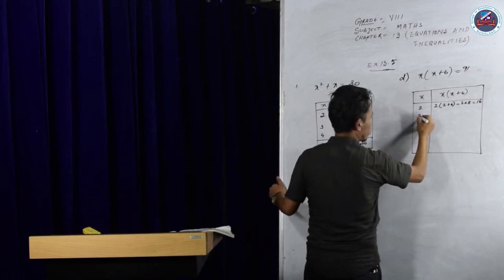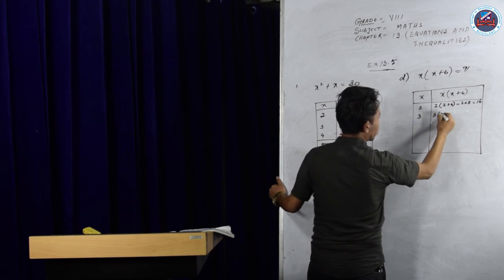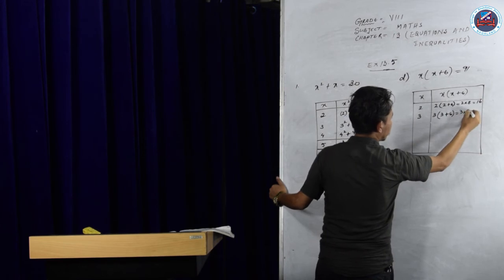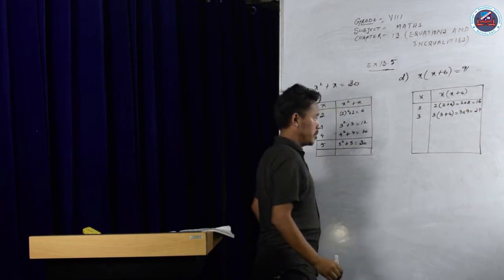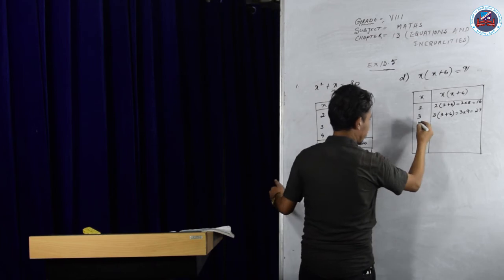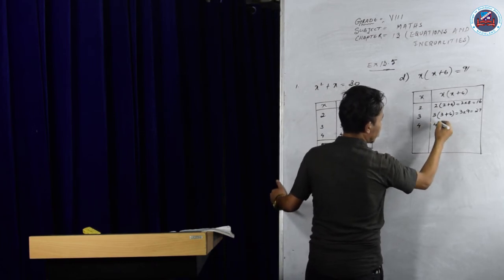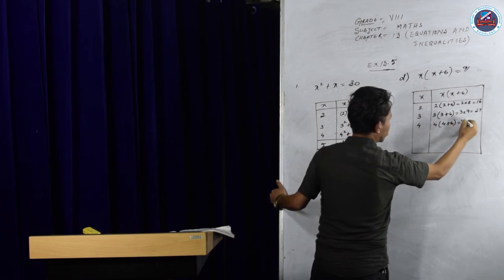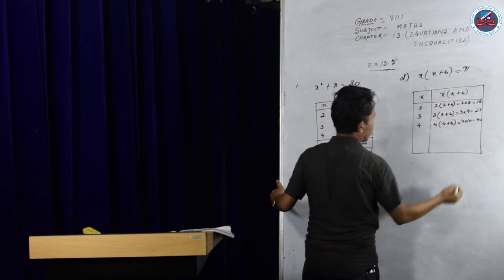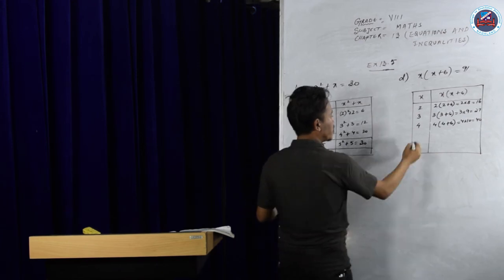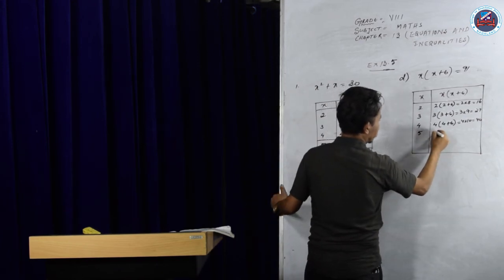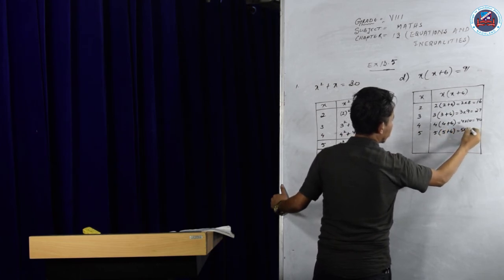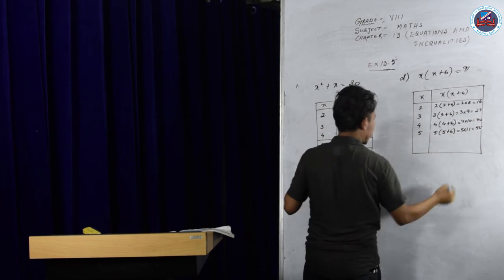When we use 3 plus 6, that is 3 into 9, that is 27. Let's go on again. 4 plus 6, I get 4 into 10, that is 40, right? Now 5 plus 6, that is 5 into 11, that is 55, right?